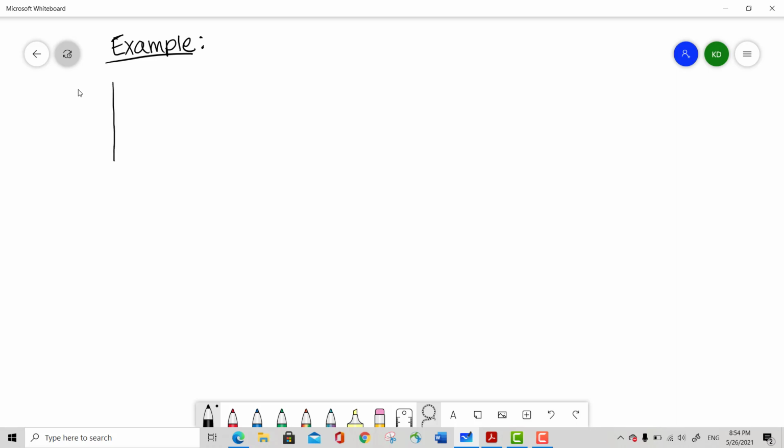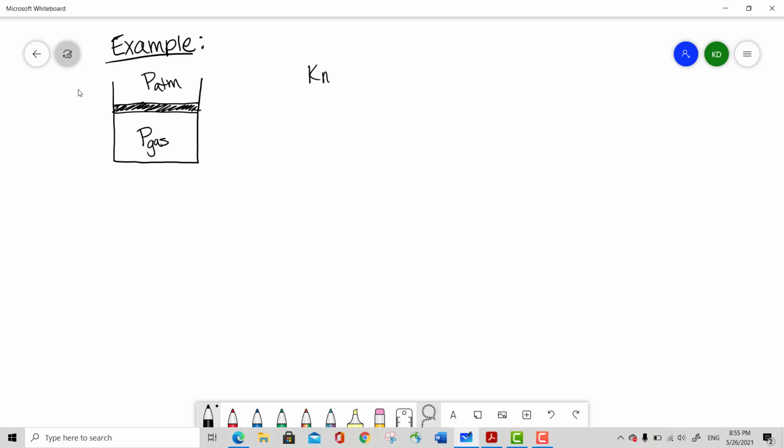Okay, so if we have a piston cylinder right here, and this is our piston right here. And we've got the pressure of gas and the pressure of the atmosphere.